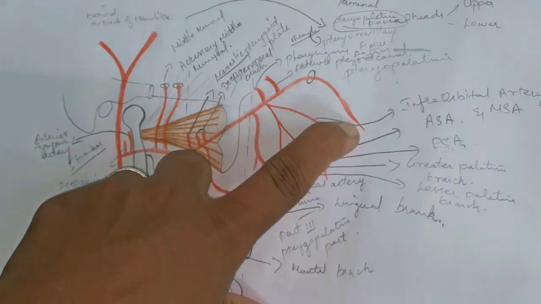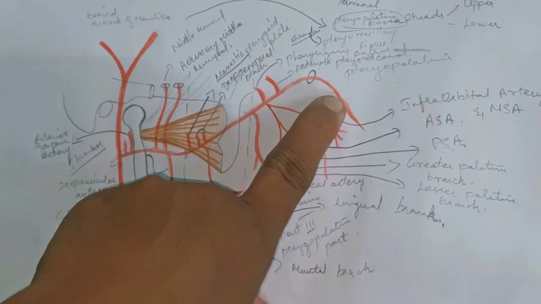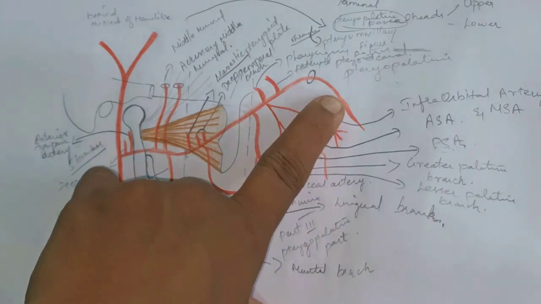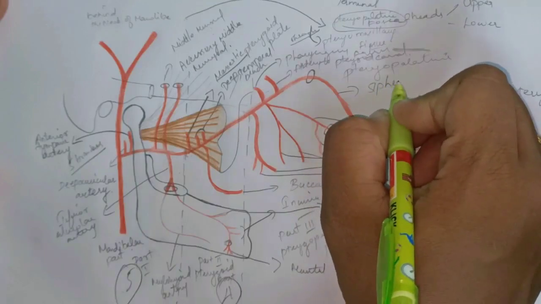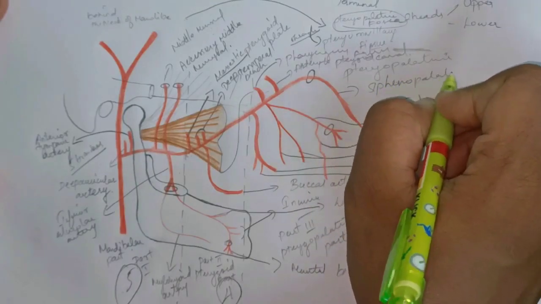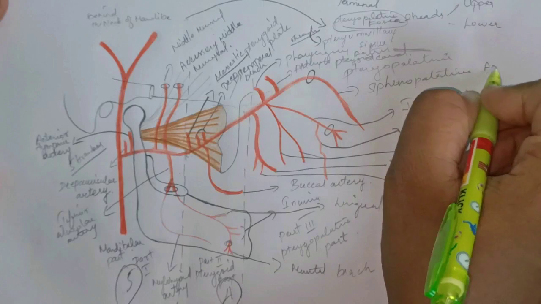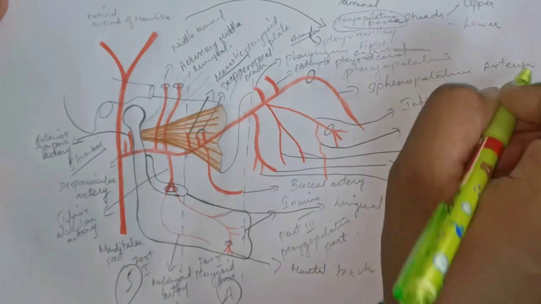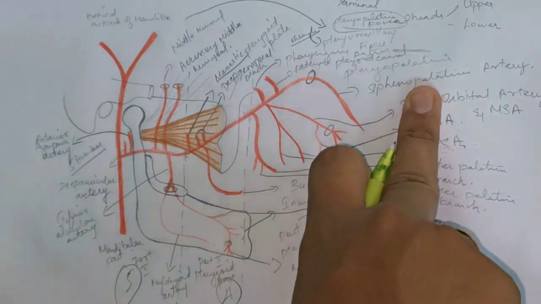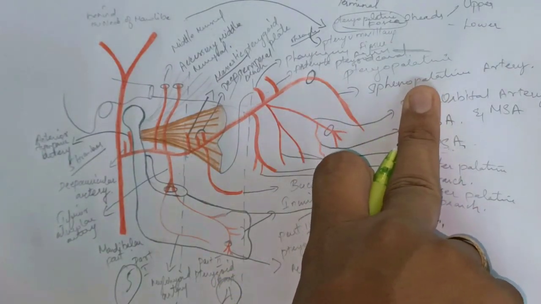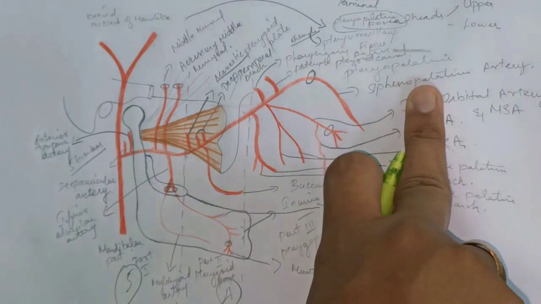And the last one is your sphenopalatine artery. It comes out through the sphenopalatine foramen. This is your sphenopalatine artery. The sphenopalatine artery is also divided into two branches after coming out of the sphenopalatine foramen. See, here is your sphenopalatine artery.